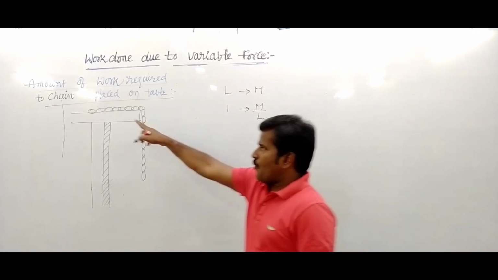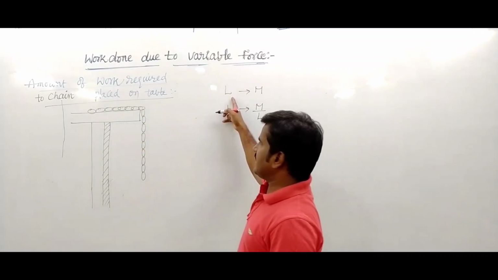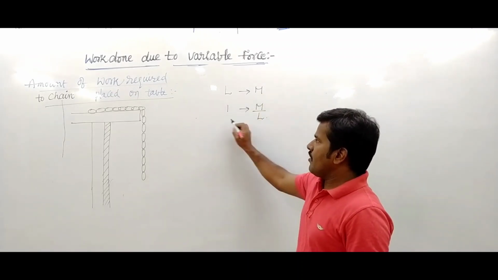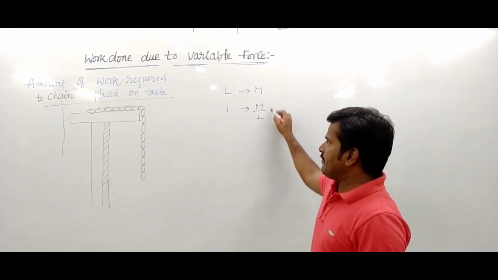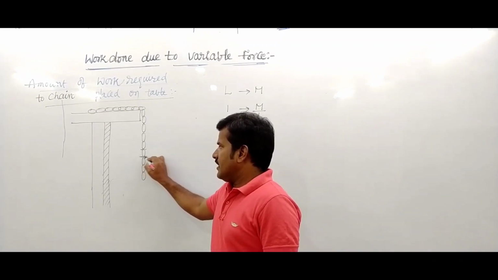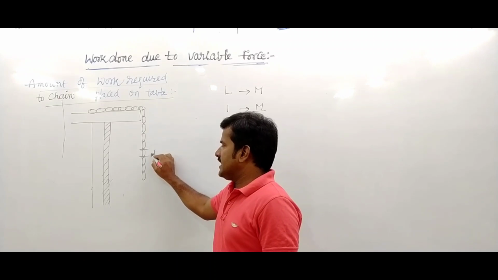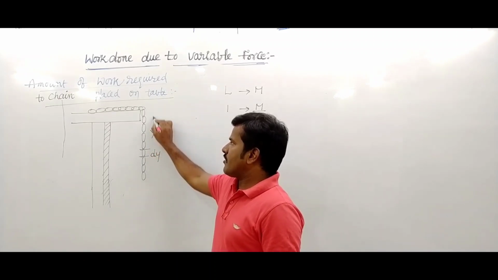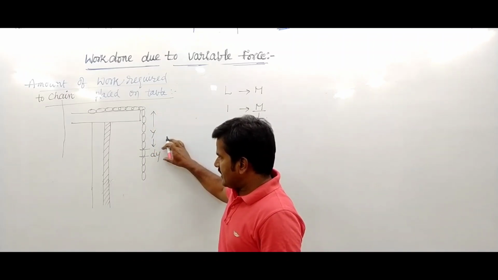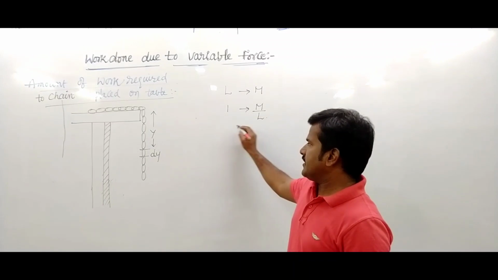This is a chain of length L having mass M, and one unit length has mass M upon L. Suppose this part is dy. For dy displacement, consider the work done. Suppose this is y, and just a dy part of it.